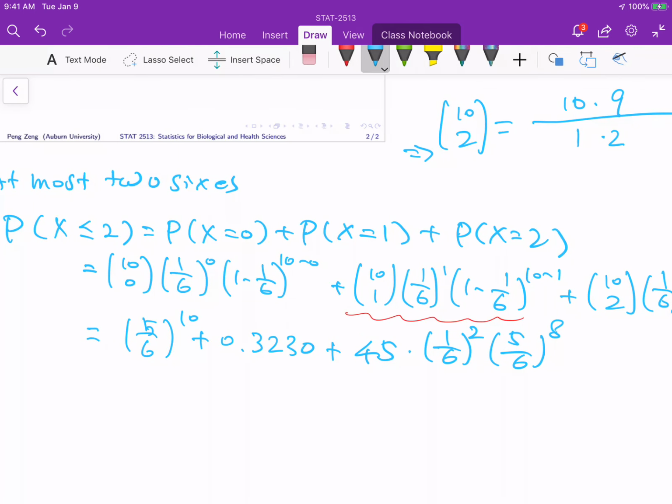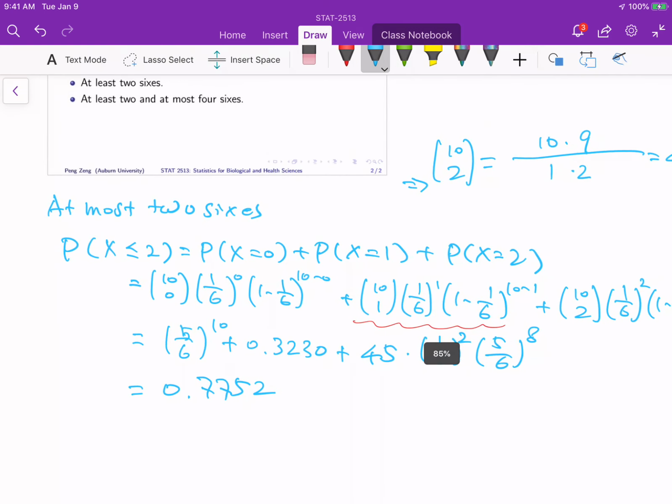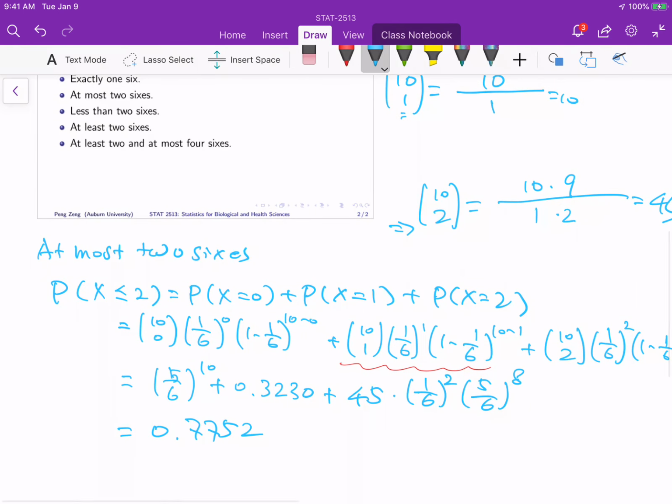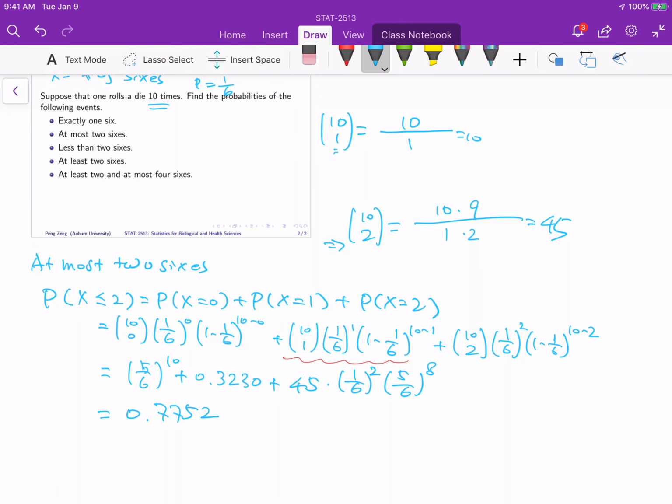After that you will get the probability 0.7752. So the probability of at most 2 sixes is 0.7752.